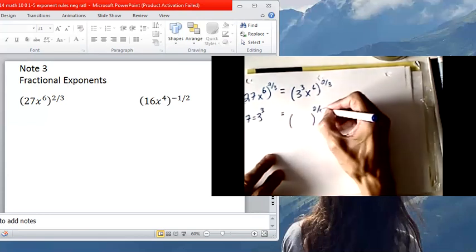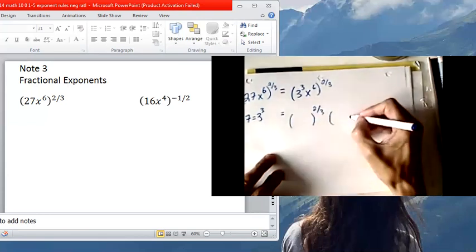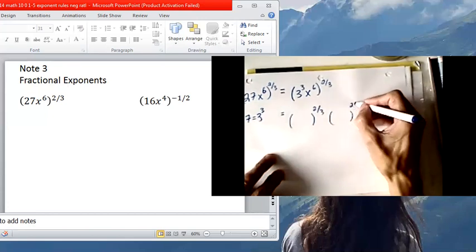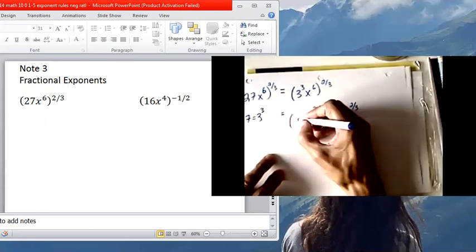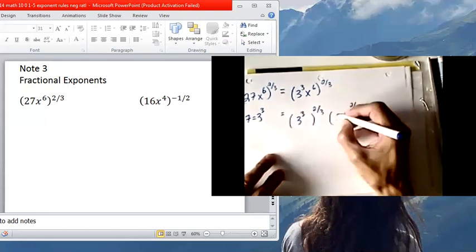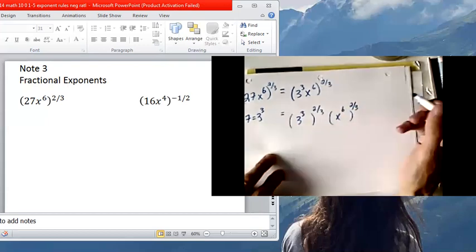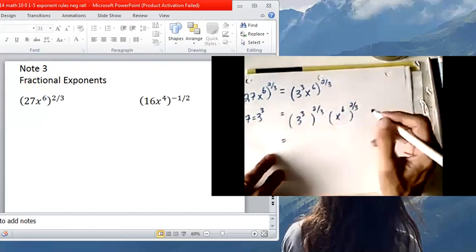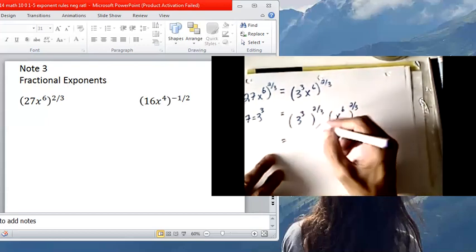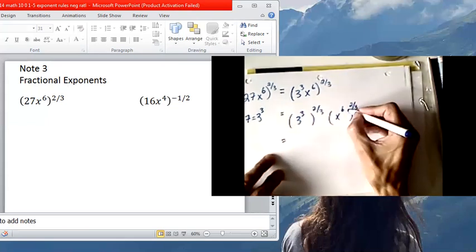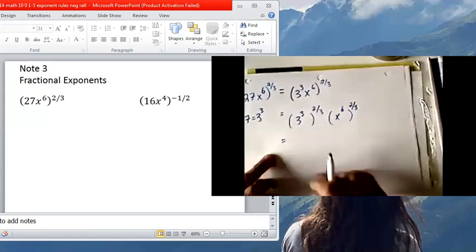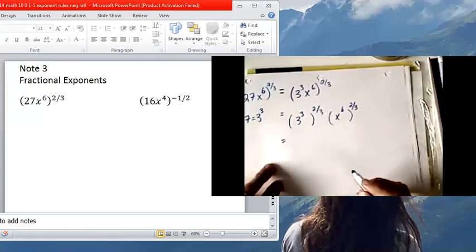The first thing gives 2 over 3. The second gets 2 over 3. 3 to the 3, x to the 6. Doing the multiplying. We can do some canceling here. And also I'll take a step and hopefully, as you saw, won't run out of space.